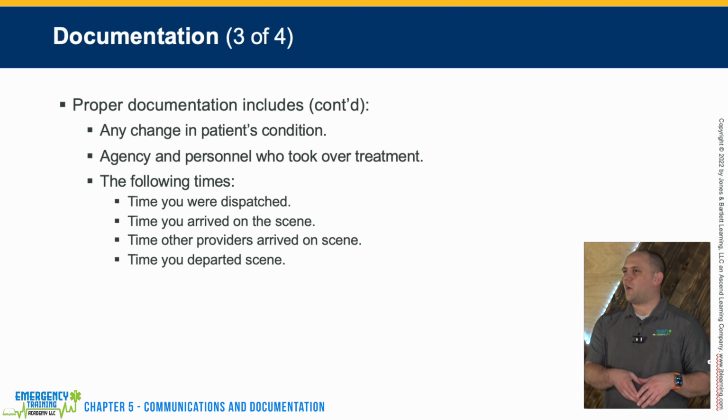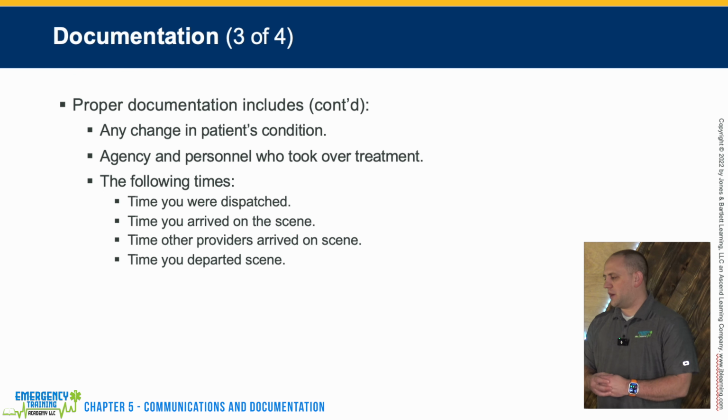This creates what we call a trend in the patient, and we can see if they're getting better or worse based on what's happening in those 5-minute increments. If they're not super sick, it's not a critical incident, then we can stretch that out to about every 15 minutes, and then we'll still be able to find a trend. It's just over a longer period of time.